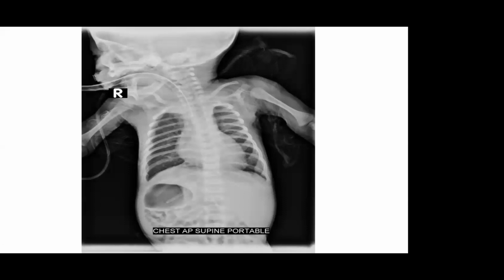Is this dextrocardia or something different? This is partial situs inversus.